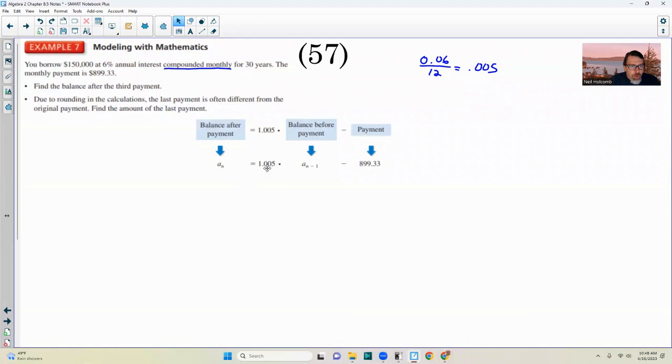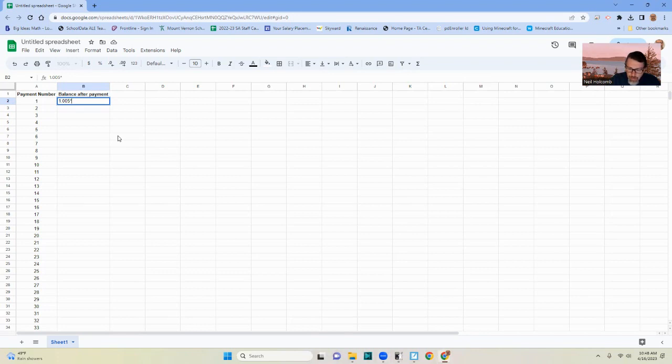So it's 1.005 times $150,000 times 150,000 minus our payment, which was $899.33. And then it says, comma, 2. And it's all in parentheses.